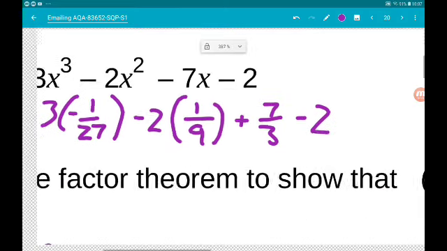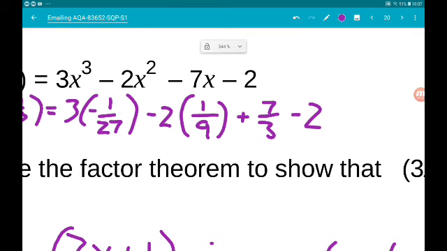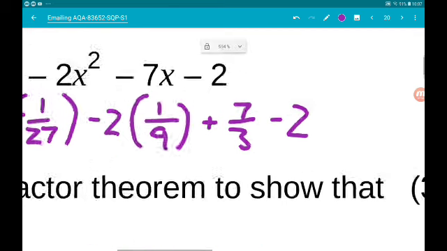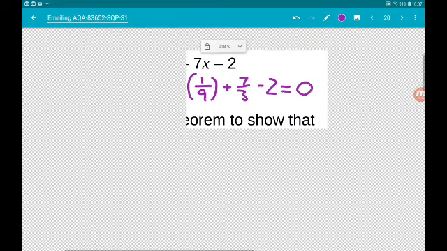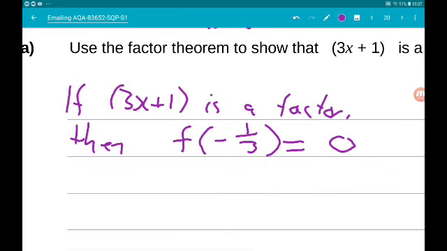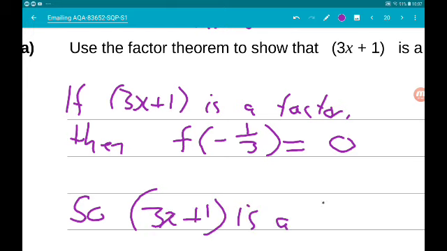So, if you stick that in your calculator, you will indeed get 0. So, 3x add 1 is a factor. Cool.